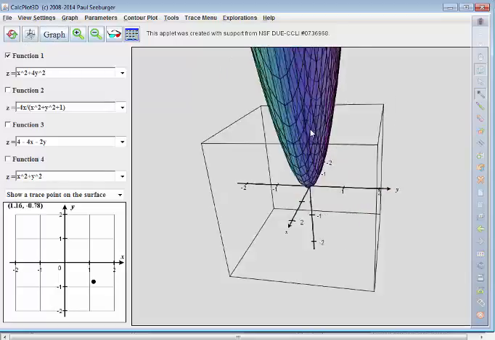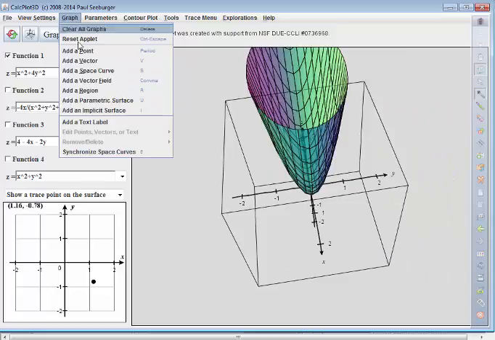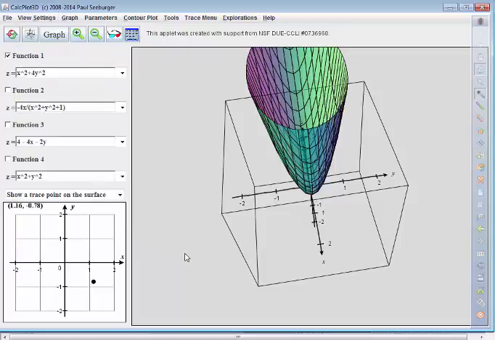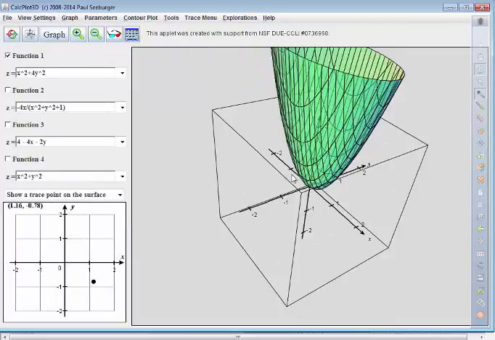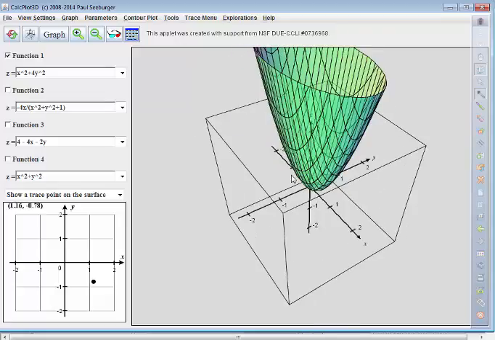So here's your paraboloid. And I have it set so it's transparent, but the default setting is that it's not transparent.